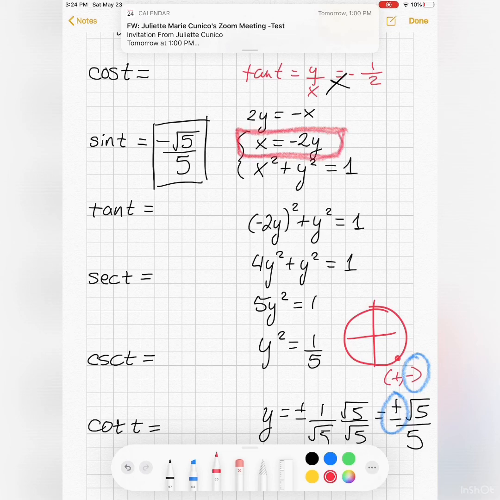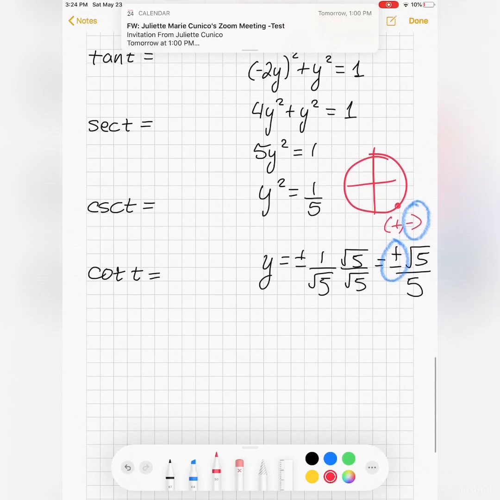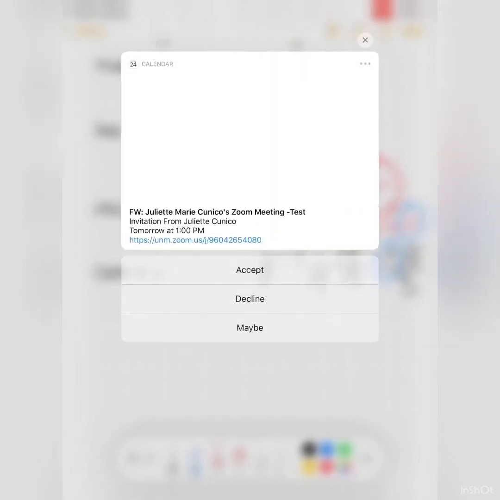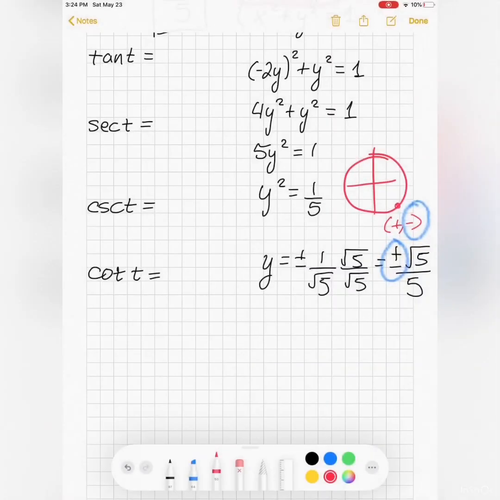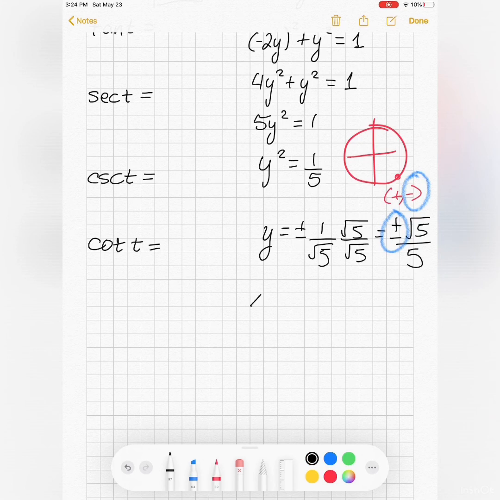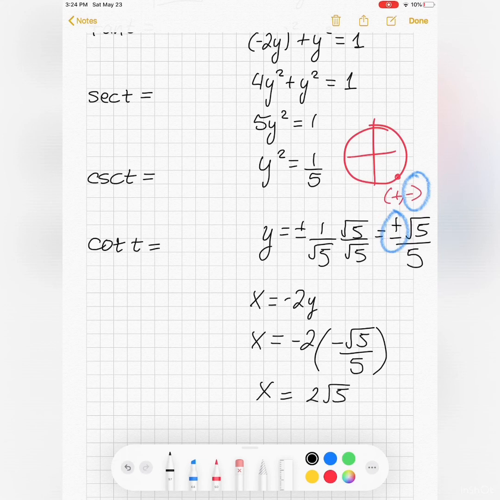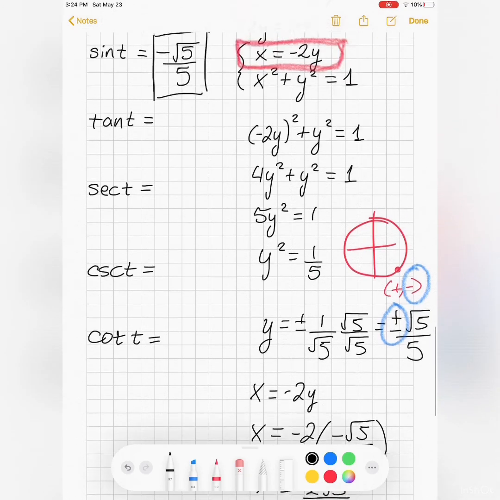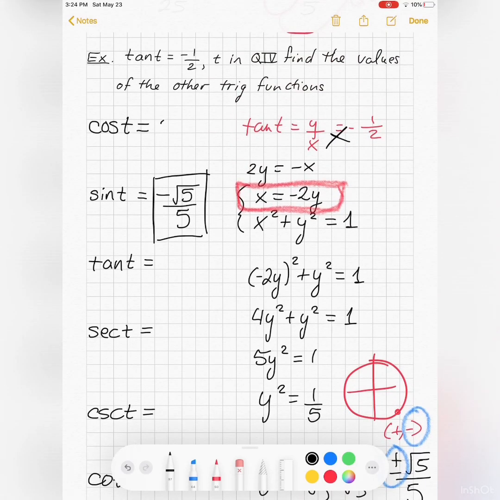Look, I know x is equal to -2y. So if I know x equals -2y, then all I have to do is put my y in here. Okay, and then I have my cosine. 2√5 over 5.